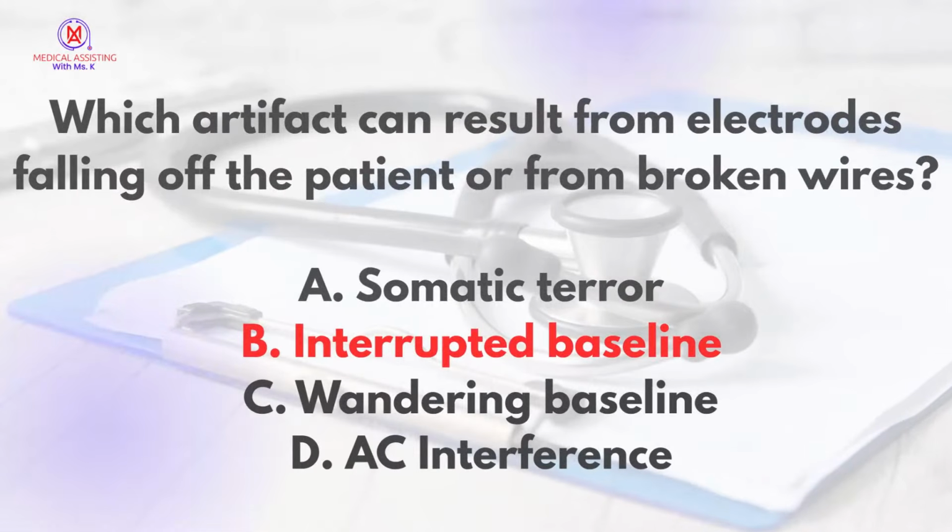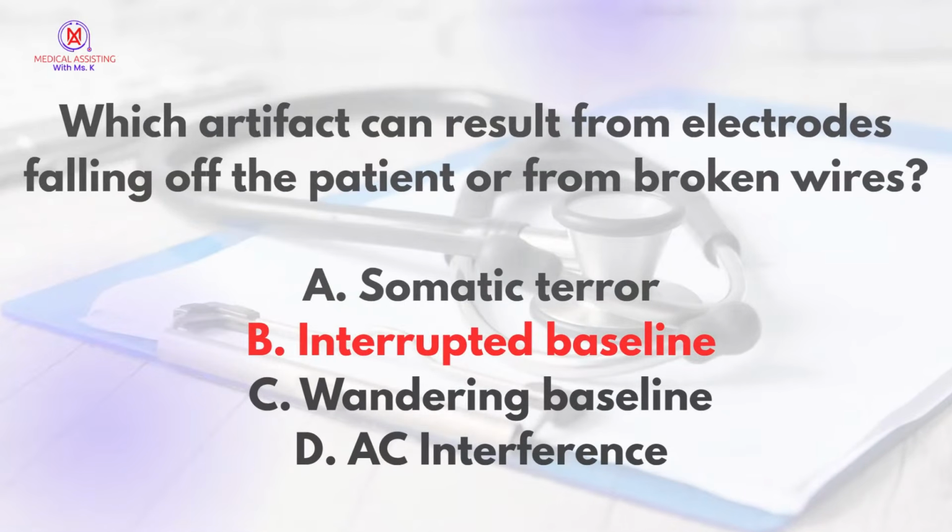Okay, so this is going to be interrupted baselines. Again, you may see a picture. If you see a picture of an interrupted baseline, that's another one that's kind of easy, because think about what it means to be interrupted. There'll actually be a break in the tracing. You'll see the tracing stop, and then it'll continue on.